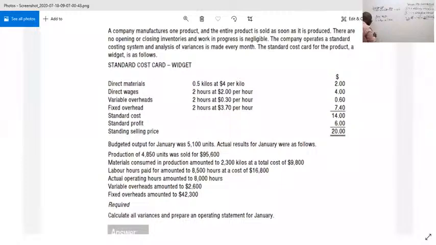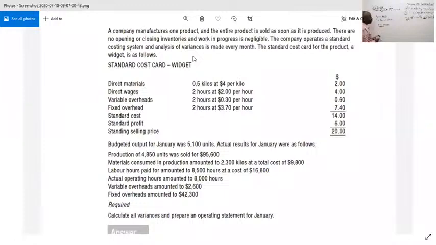And then of course we have the actual hours used, and for that matter, it will be the actual hours that were worked, which were 8,000.